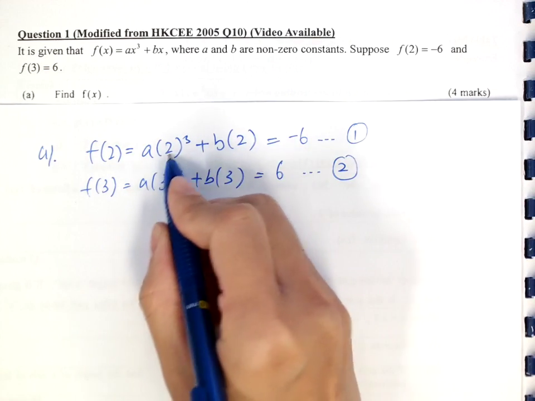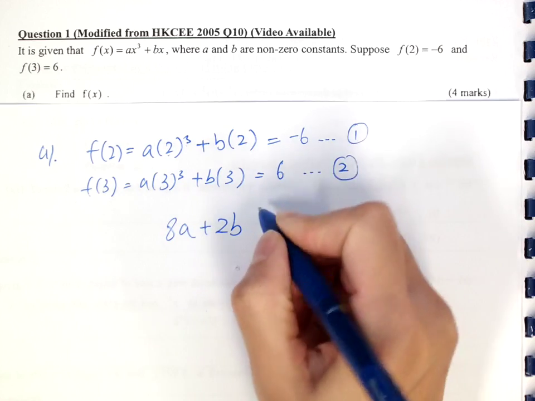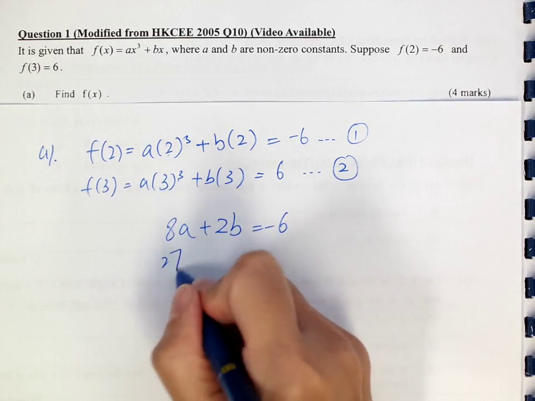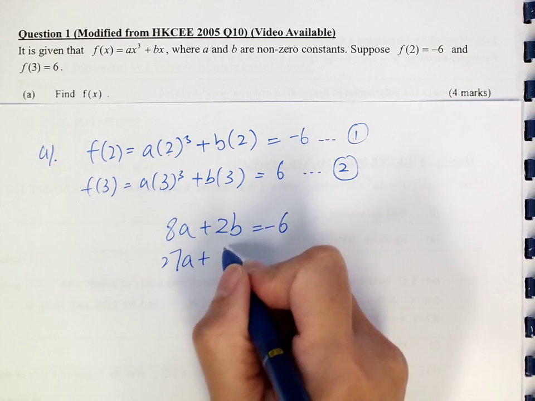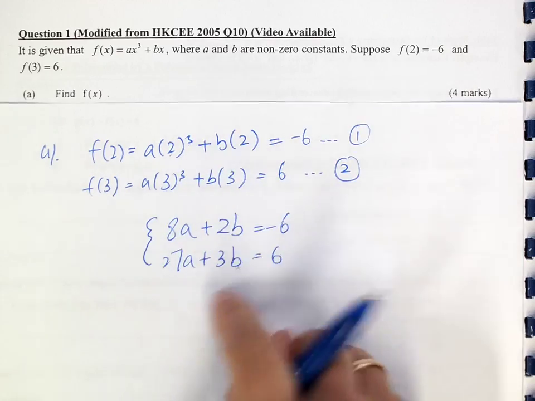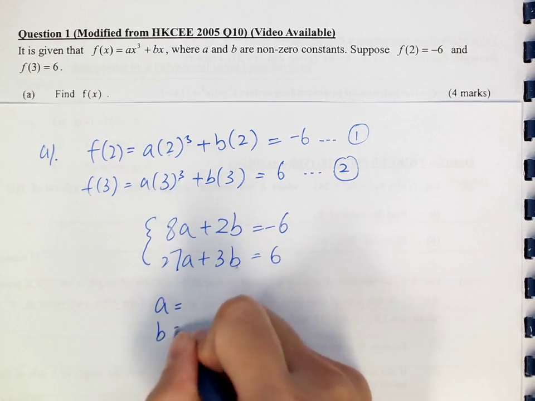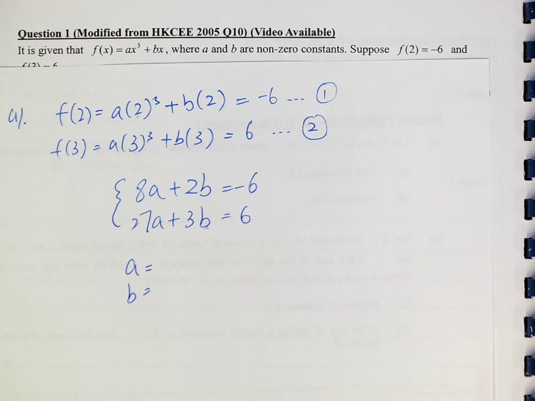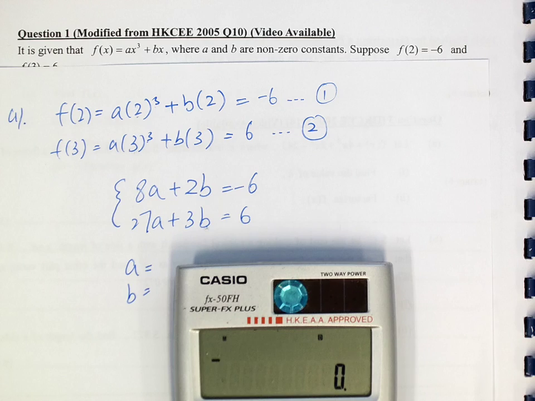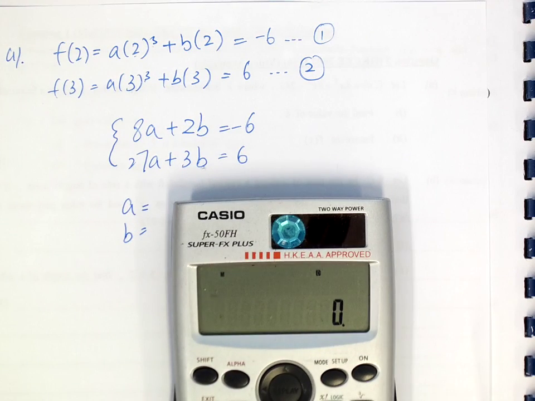You have 8a plus 2b equals -6 and 27a plus 3b equals +6. Okay, you need to solve for a and b using what you have learned in Form 2, but you are Form 4 now. I don't expect you to spend too much time on the calculation, so you can use the program from your calculator.